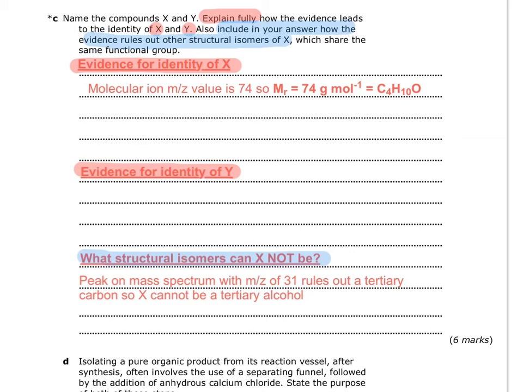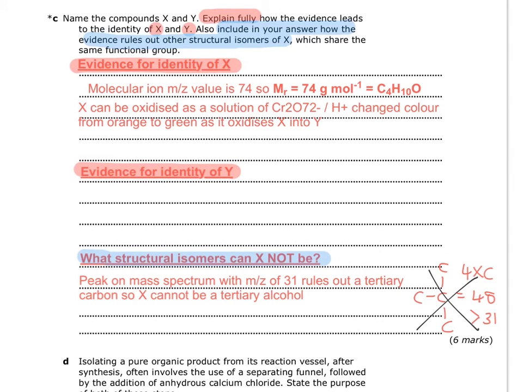If I was to draw out a tertiary carbon structure, you already have 4 lots of 12 before you even start talking about hydrogens. 4 lots of 12 is bigger than 31. So 4 carbons is going to be 48, which is greater than 31. So therefore, we cannot have this structure present.